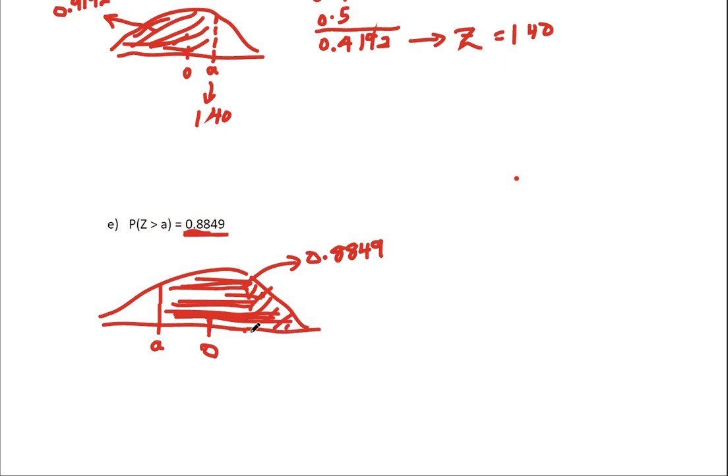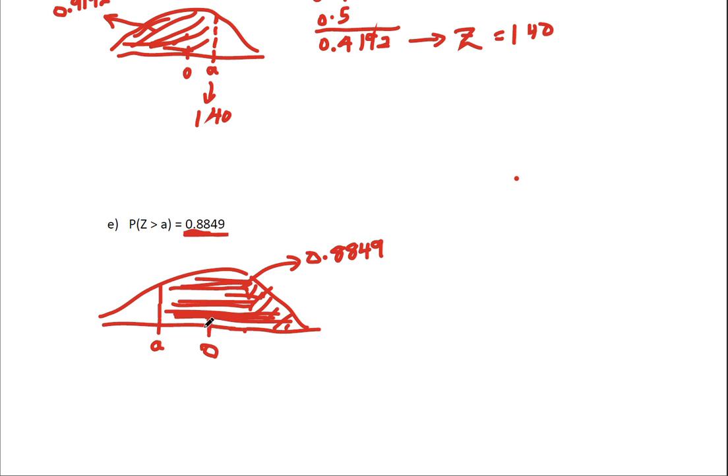It could not be on the right side because the probability of any value to the right of 0 could not be 0.8849, because from 0 to the end of the curve rightwards only accounts for 50%. So it would not be possible to get a z value whereby the area to the right of it is as large as 0.8849.